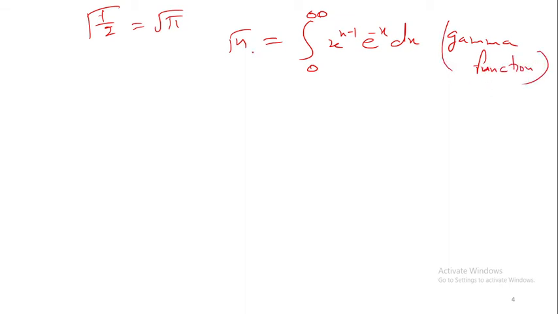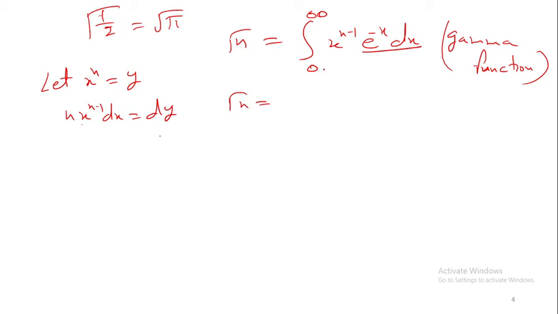In this gamma function, let x power n equal y. What will be the derivative? n x power n minus 1 dx is equal to dy, so in that place I write dy upon n.